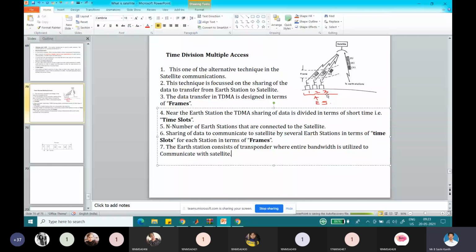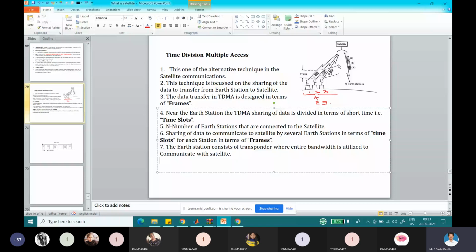So the transponder bandwidth is entirely used to send the frame to the satellite. That is the intention here.